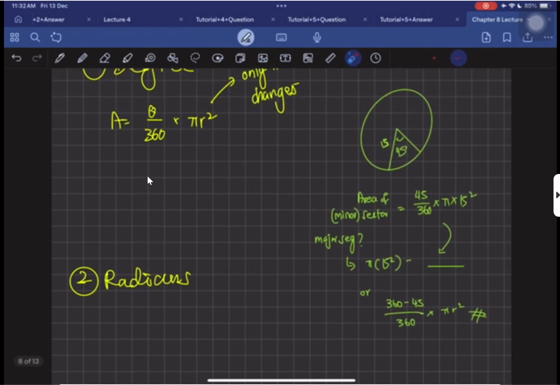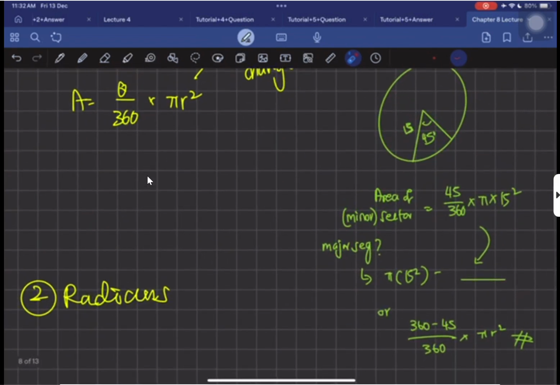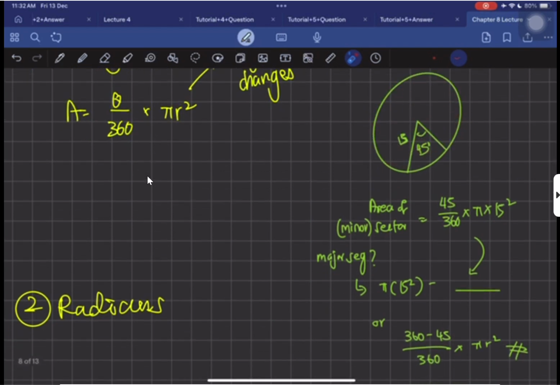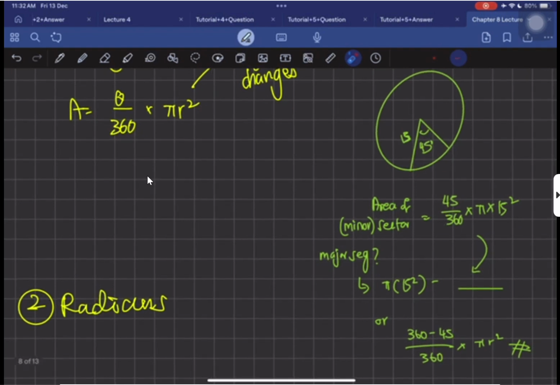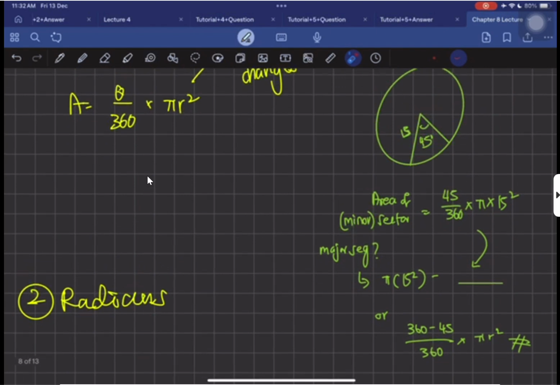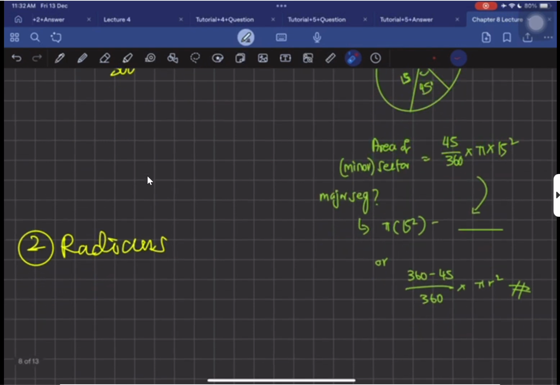Let's say you're given this diagram and the question is asking you to find the major segment. So your major segment is basically all this portion. If you want to find the area of the major segment, it is basically 360 minus 45 degrees, you find this angle, and then over 360 times pi r square.